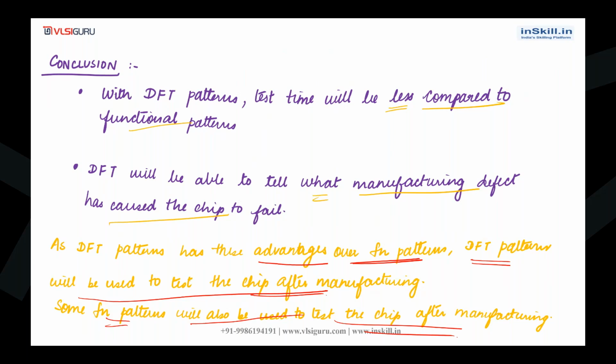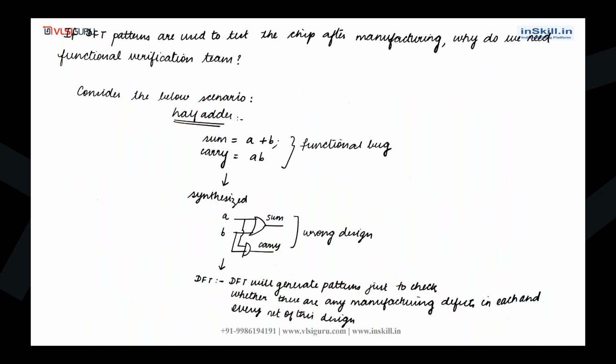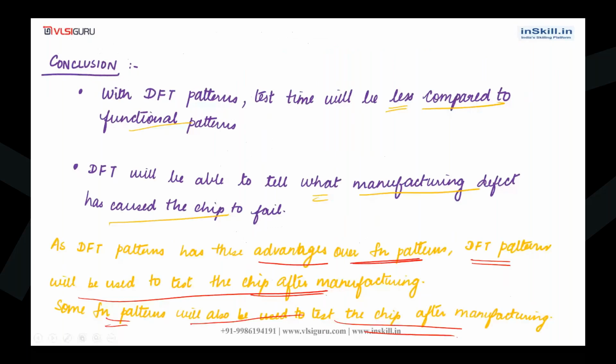And if DFT patterns are used to test the chip after manufacturing, why do we need a functional verification team? In this slide, we saw that DFT patterns have advantages over functional patterns, so they will be used to test the chip after manufacturing. So can anyone guess? Any guesses?